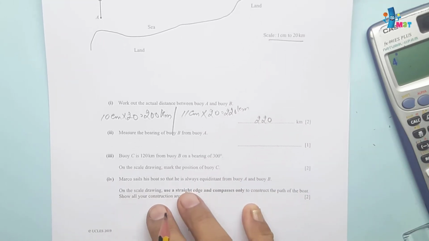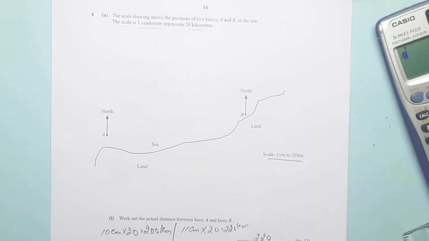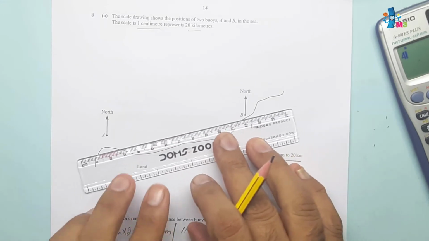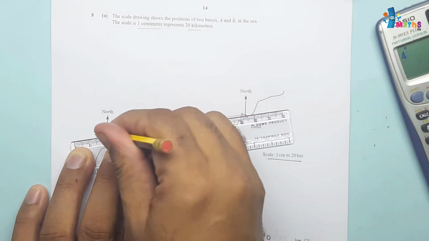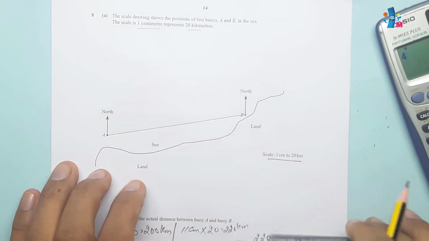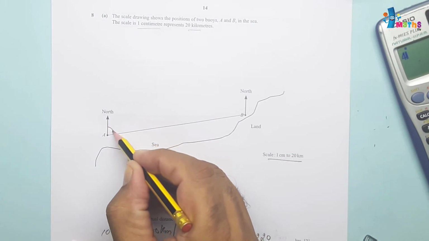Measure the bearing of B from A. Bearing of B from A. So if we join this one, bearing of B from A, this angle is required.